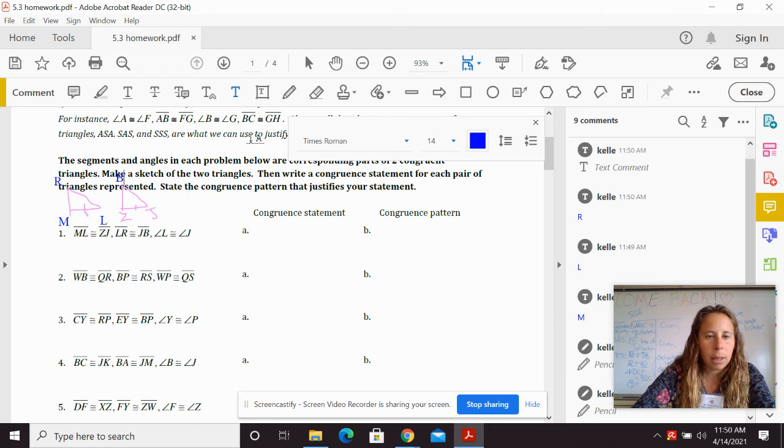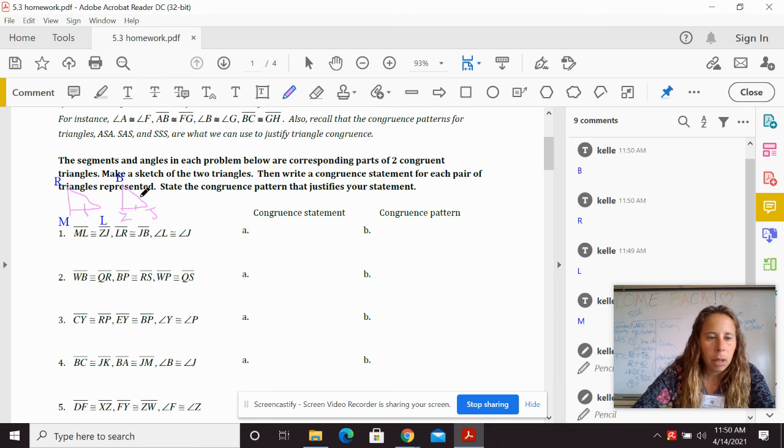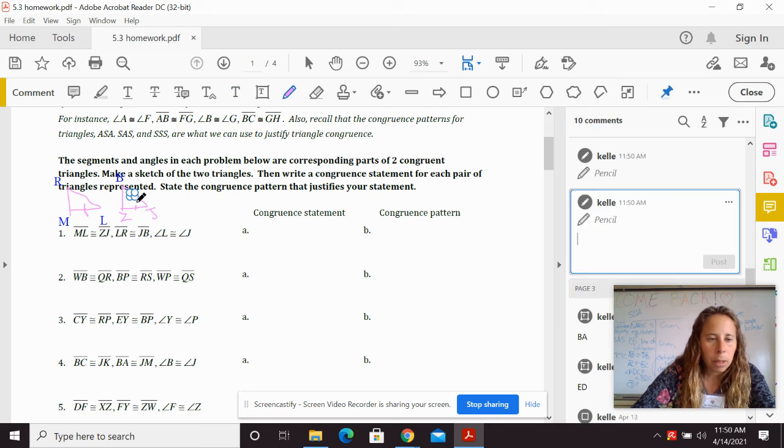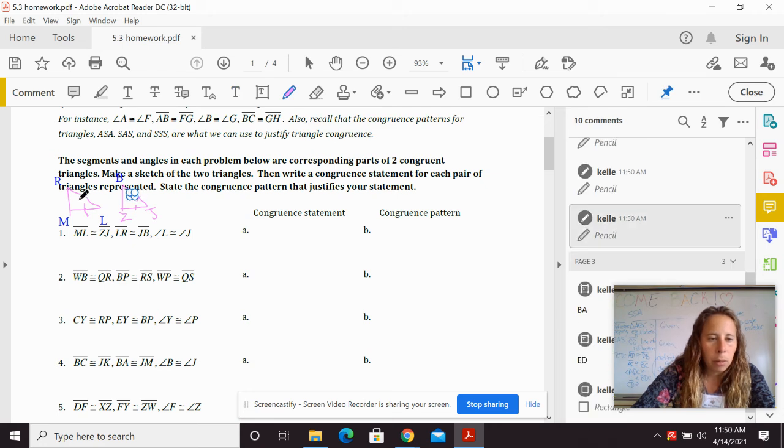Hopefully that makes sense. And then those two are congruent, so we'll put two little congruency marks. And then finally, they tell us that angle L is congruent to angle J.